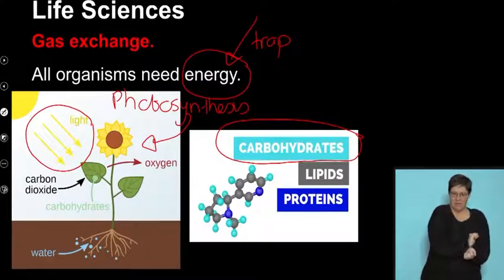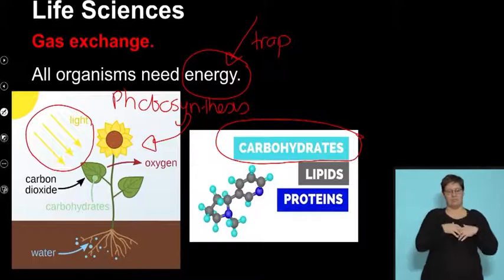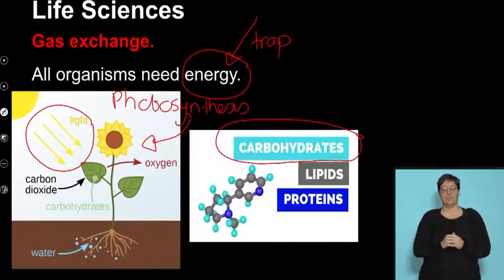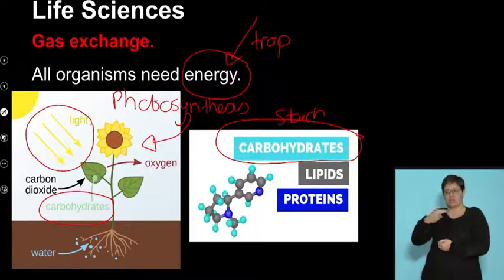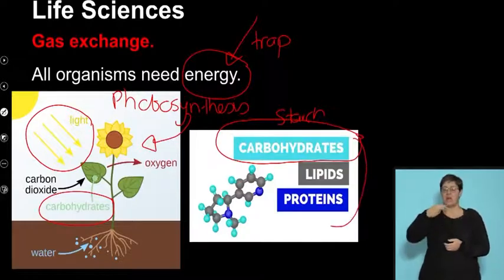I often say they make it. So they're the ones that make it. And what they actually do, as we saw over here, is make glucose. So plants make glucose and they store it as starch, which is a carbohydrate. And plants can change this carbohydrate to lipids or proteins.